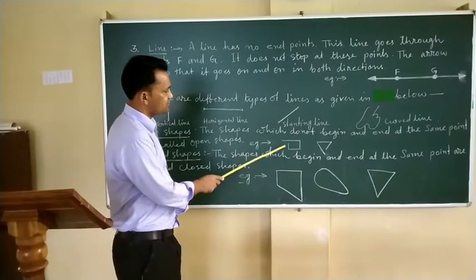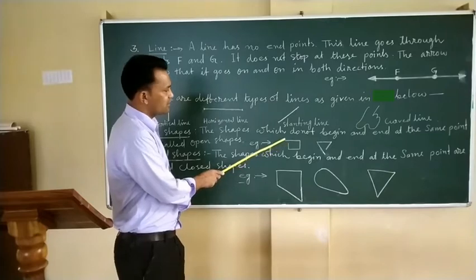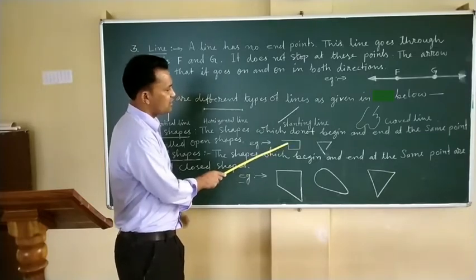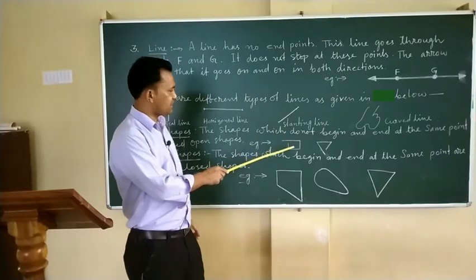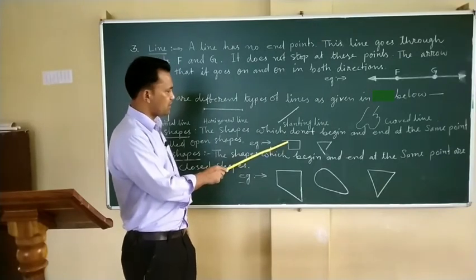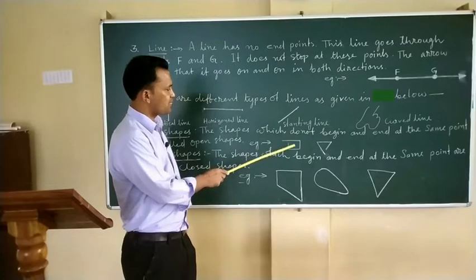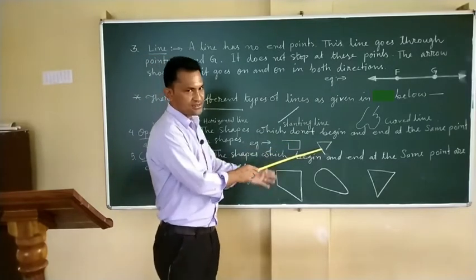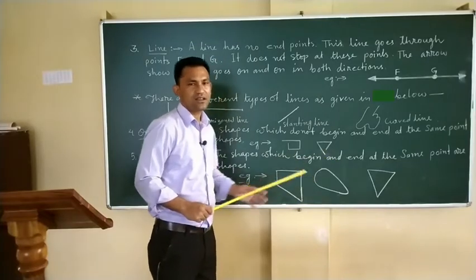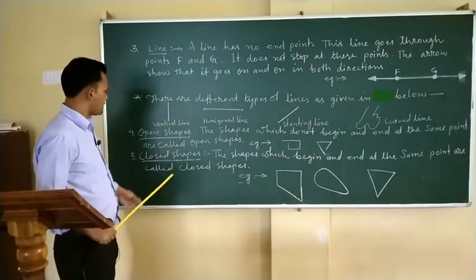Example, you see, they are not crossing, beginning from here and not reaching the same starting point, and here also you see an opening. So these are called open shapes.